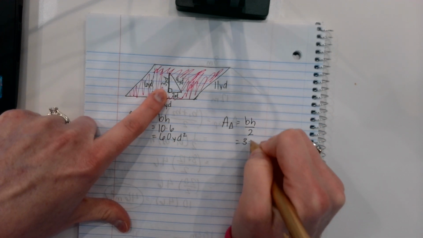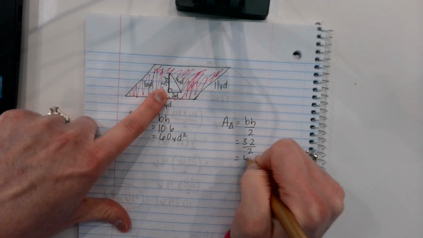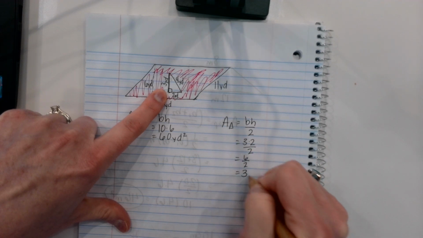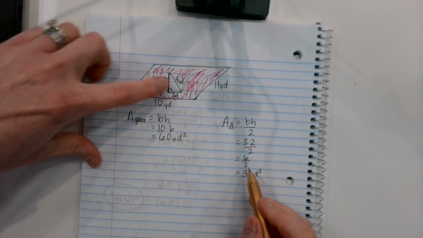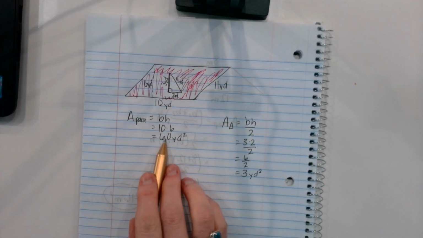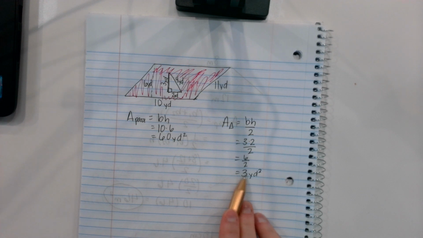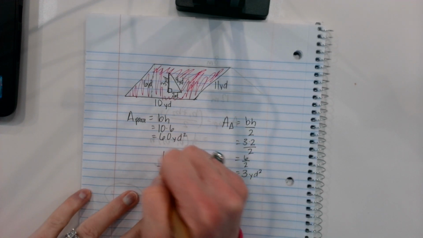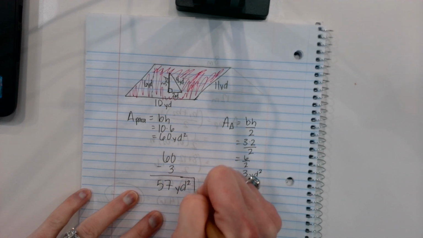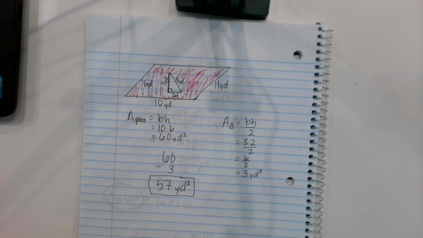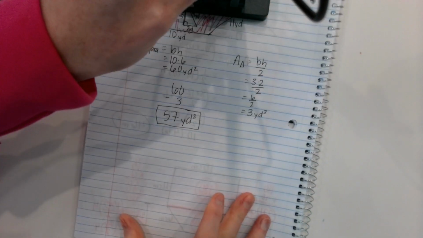So 3 times 2 divided by 2, 6 divided by 2 is 3. 3 yards squared. That's what we cut out. So since we cut this out, we had 60, we cut 3 yards squared out. So I'm going to do 60 minus 3, I have 57 yards squared. That would be your answer on how to do a problem like that.